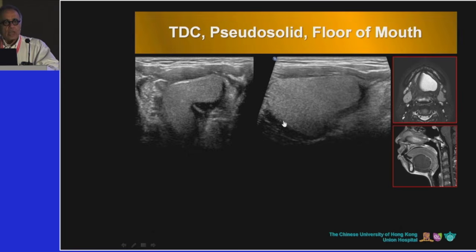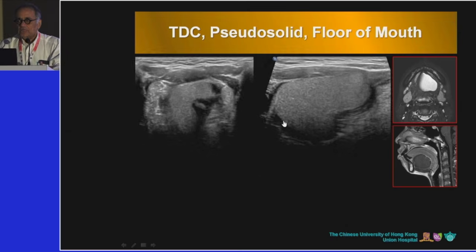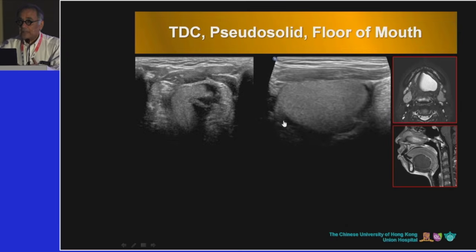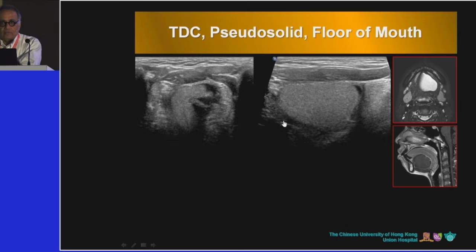The differential diagnosis will be an epidermoid or a thyroglossal duct cyst, but at that location at the floor of the mouth, a suprahyoid thyroglossal duct cyst is most common. So simply by its location, I know that this is going to be a suprahyoid thyroglossal duct cyst.